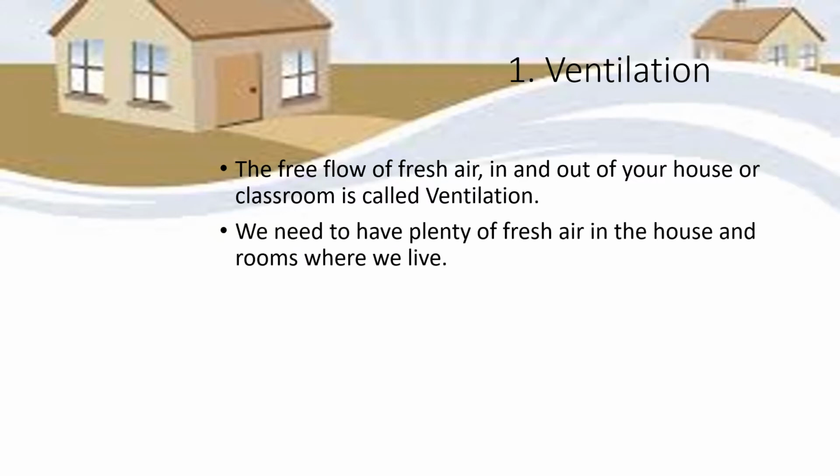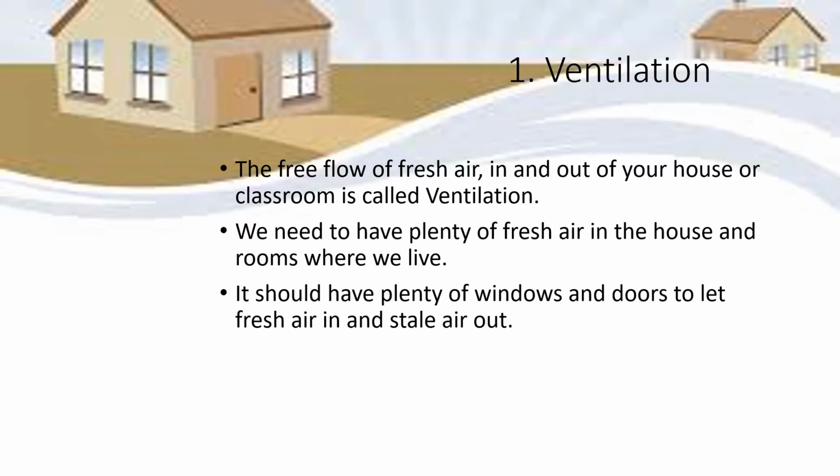We need to have plenty of fresh air in our house and rooms where we live. We should have plenty of windows and doors to let the fresh air in and the stale air out.